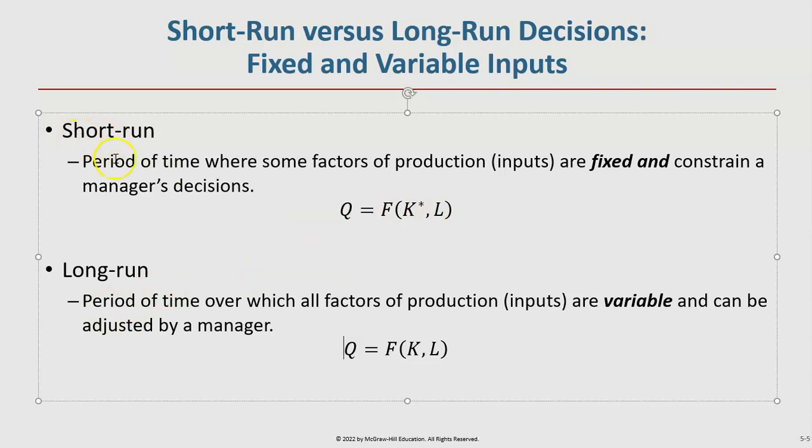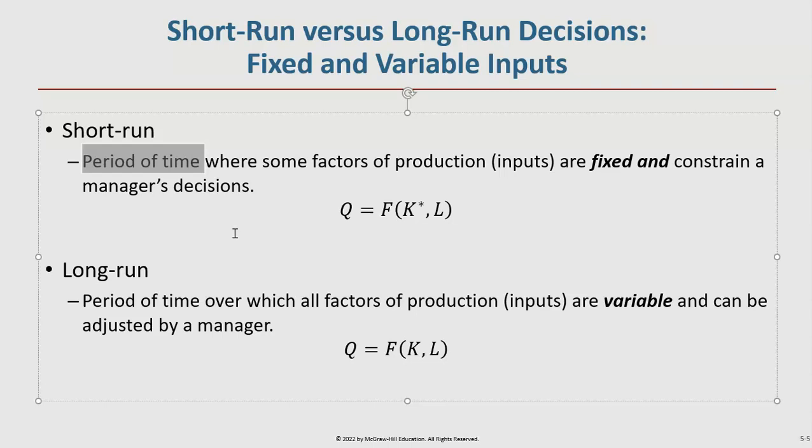Okay, so this period of time differs for different businesses. There's not a number that we can say the short run is 3 months and long run is anything longer than 3 months. It differs for different industries. Okay, so you imagine the automobile industry.